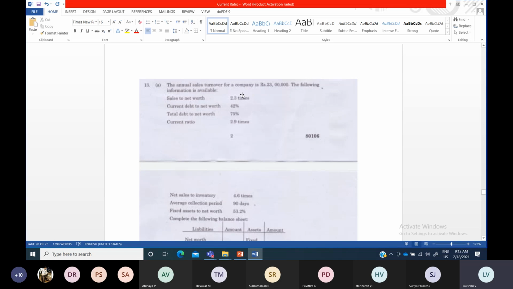If they have given some cash sales information, you have to deduct it from total sales. You have to subtract cash sales and sales return, everything you have to subtract and find out net credit sales. But here they have not given, only annual sales turnover they have given. So this will be considered as the net credit sales here. Okay, so this 23 lakhs should be considered as the net credit sales.